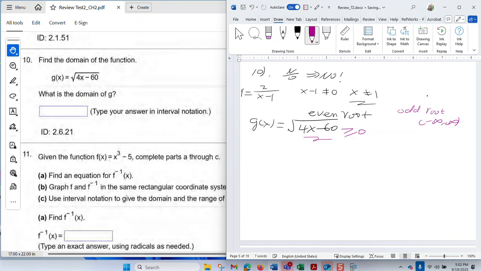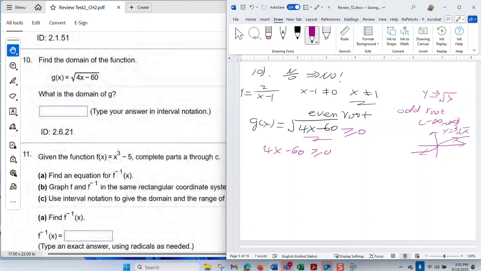If I have y equal to cube root of x, this cube root can go anywhere, so the domain is all real numbers. But with the even root, you can't. You have to make sure everything inside the even root is greater than or equal to 0.